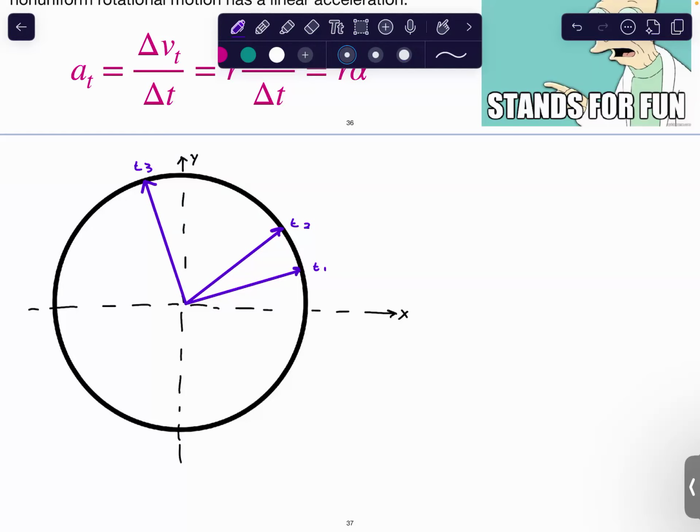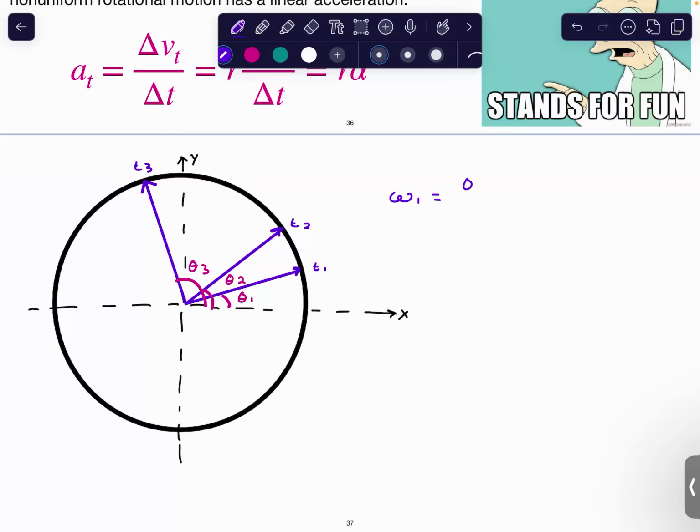And so we could say then, so we have the 3 angles that we're looking at. So we can start looking at these different velocities.